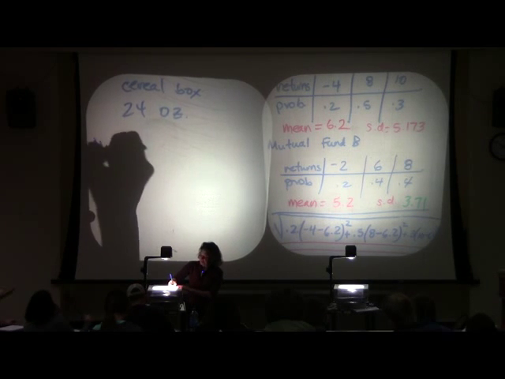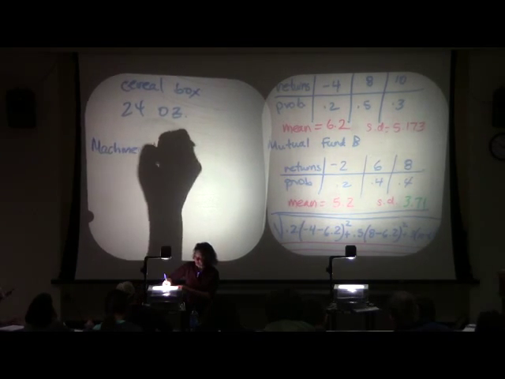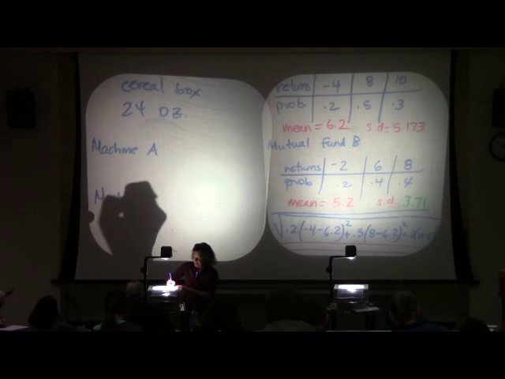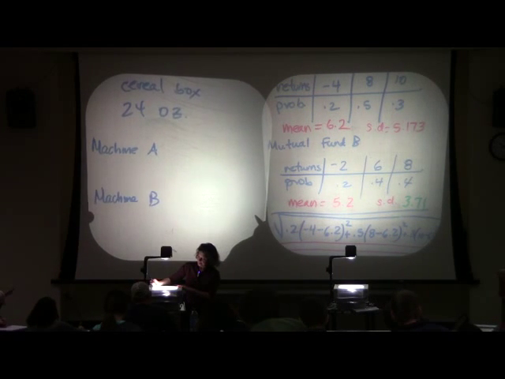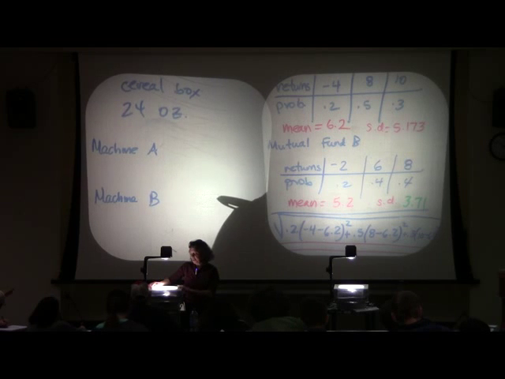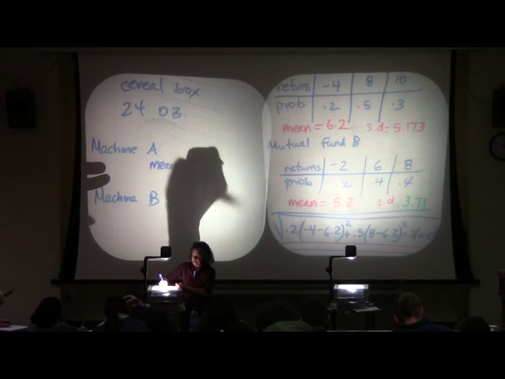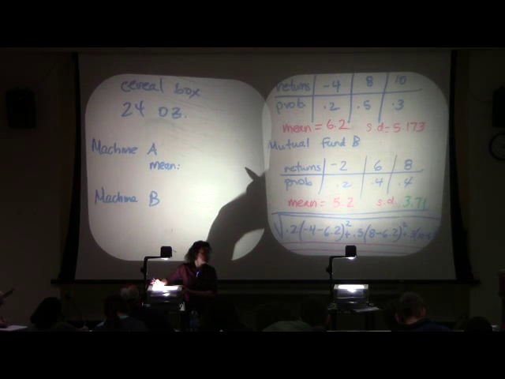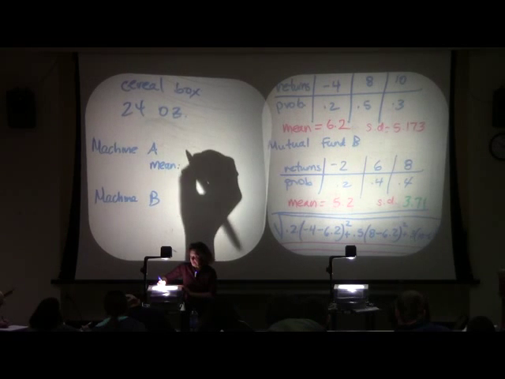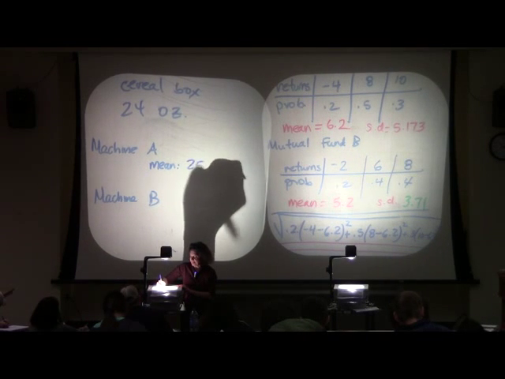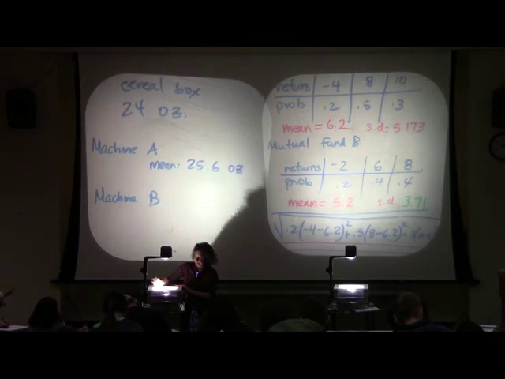So, suppose we have two machines for this company. We have machine A and machine B. And, you know, it really doesn't matter what weight they fill it. Suppose you looked at a bunch of cereal boxes that were filled from machine A. And how about the average weight was 25.6 ounces?